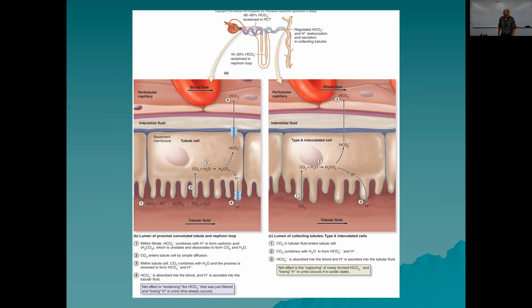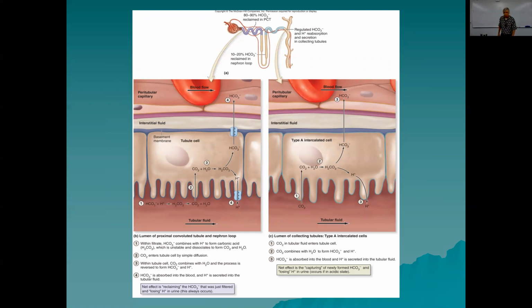It's usually a little acidic, so what happens will mostly be to the right on this figure, and it's the same thing. CO2 diffuses into the intercalated cell.